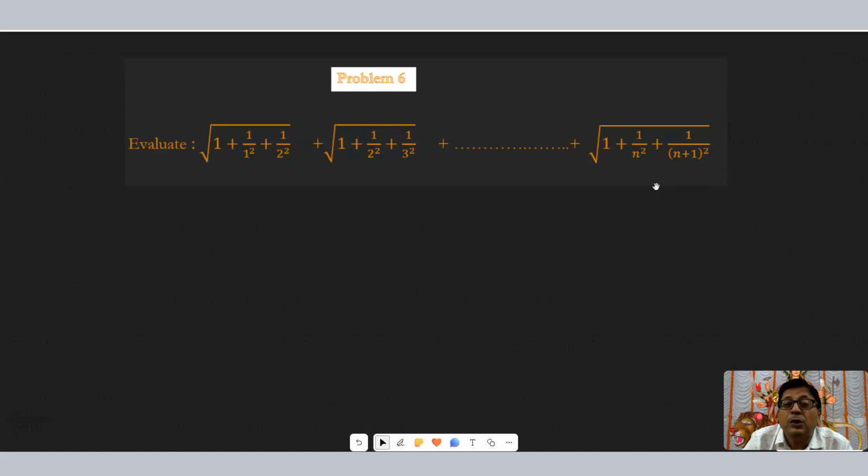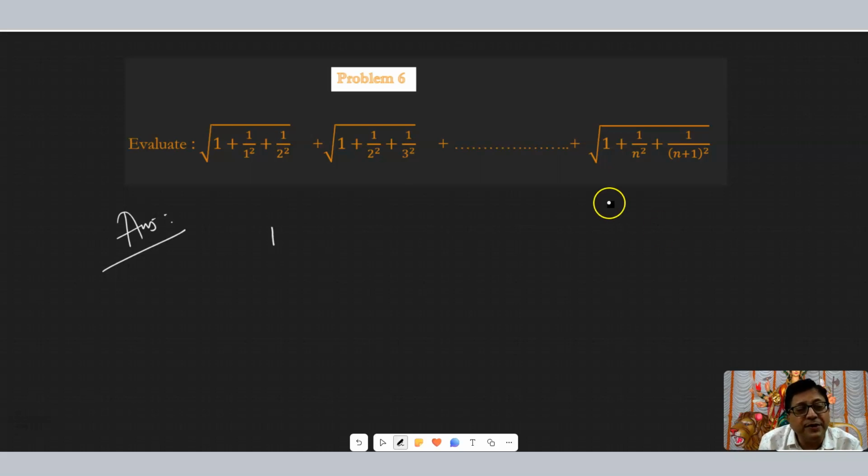Okay? So let us do it. Whether it is telescoping or not, you won't know. This is an Olympiad problem. In the first step, you cannot decide. You have to go for manipulation, and then express this one as a difference of 2 terms. Then it will be a telescoping series. At least you will be able to understand.